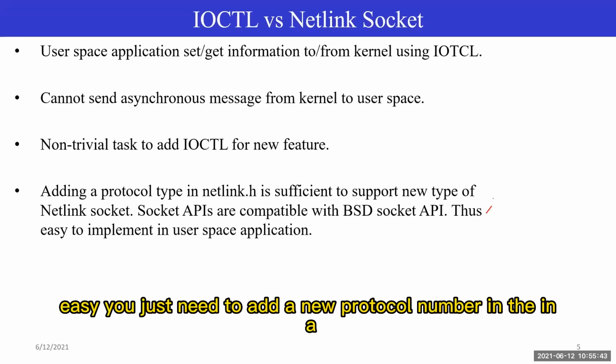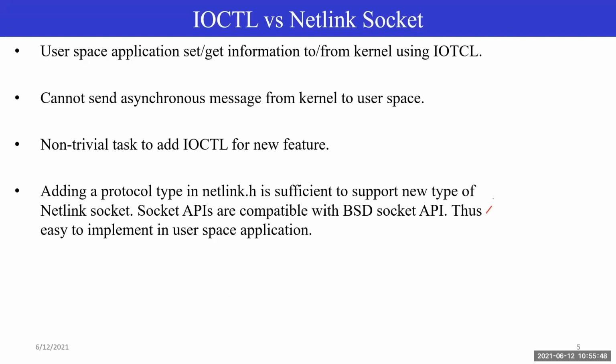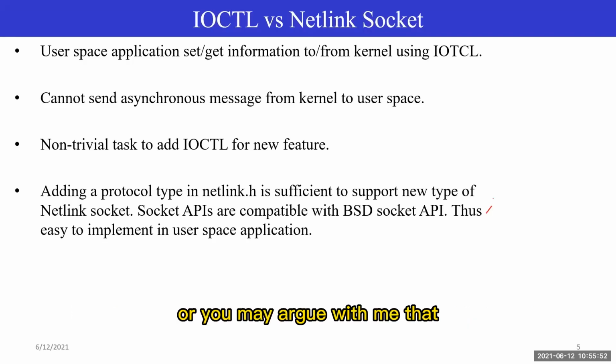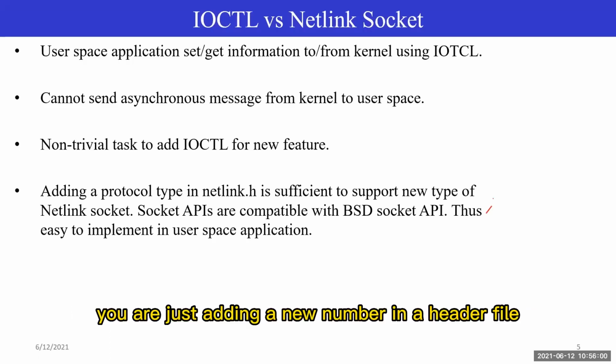You just need to add a new protocol number in a header file, that is netlink.h. Now you may argue with me that that also means recompiling the kernel. Yes, it is, but you are just adding a new number in a header file.